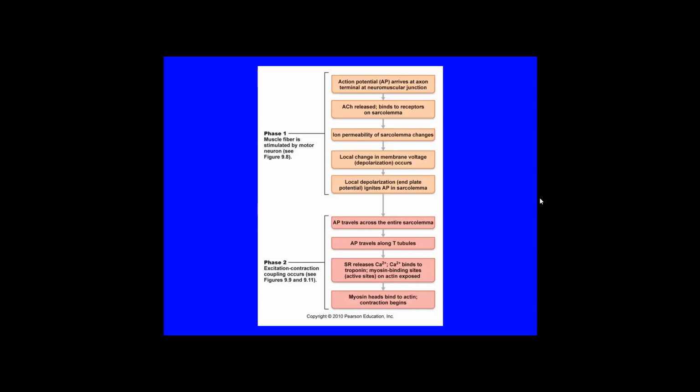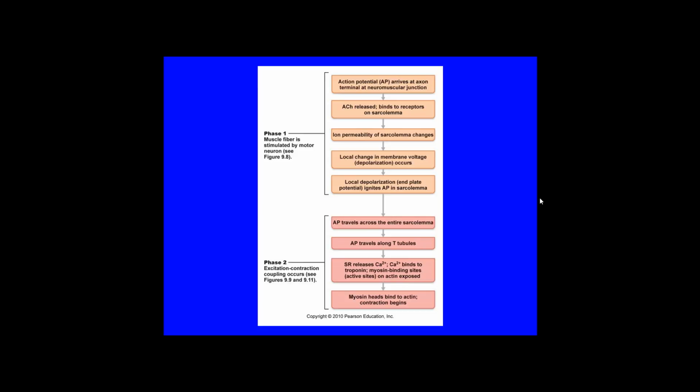Once it goes beyond that site, it has to basically ignite an action potential in the sarcolemma. The action potential is a particular stimulus of depolarization, and that travels down the length of the sarcolemma, and wherever it comes in contact to a T tubule, travels right down the T tubule, acts on the sarcoplasmic reticulum to initiate the release of calcium ions.